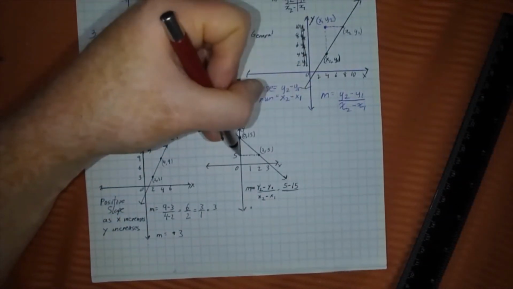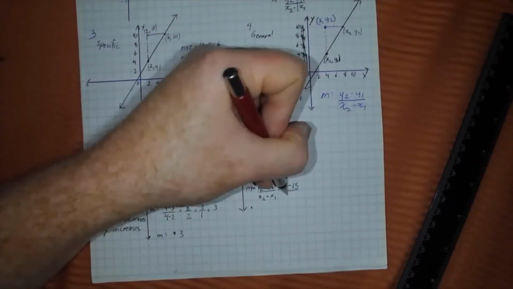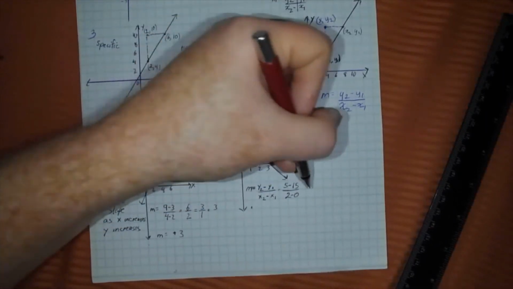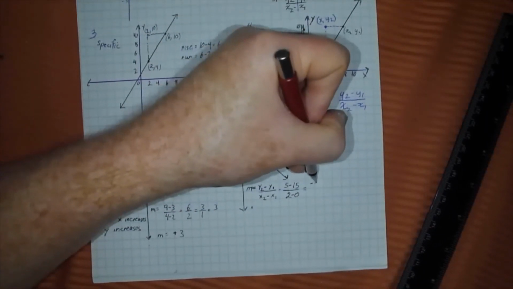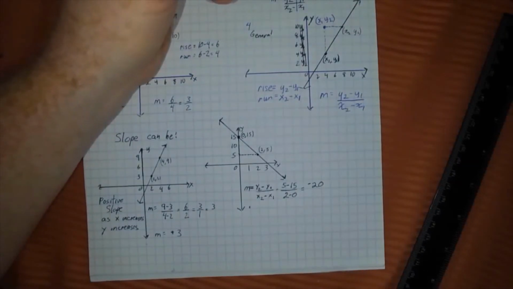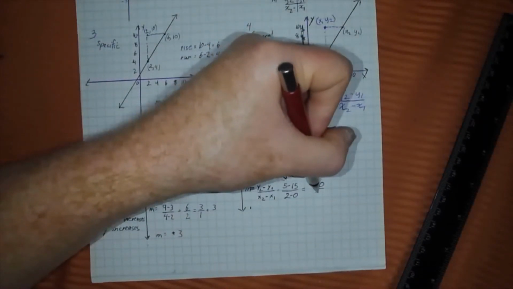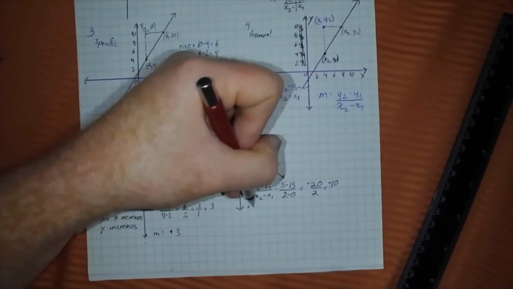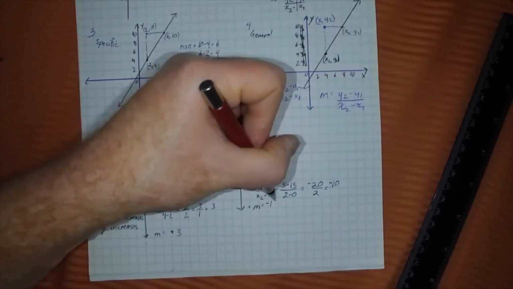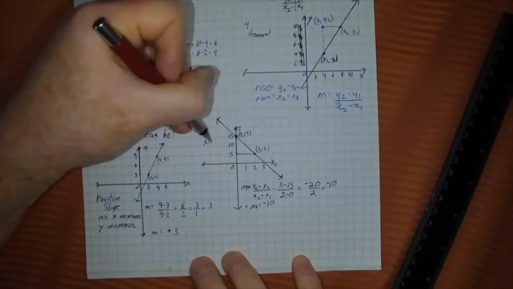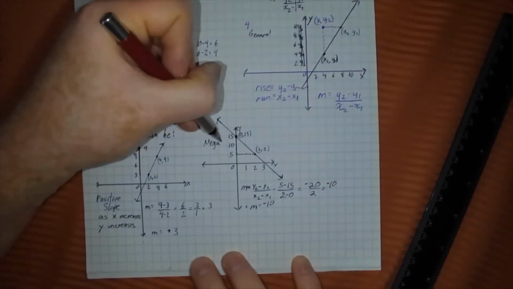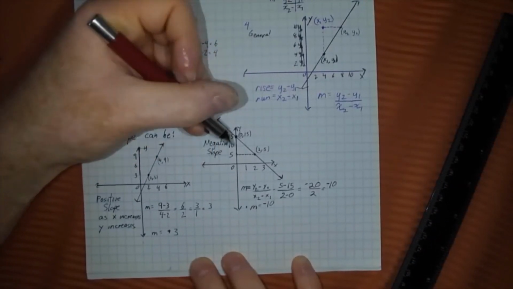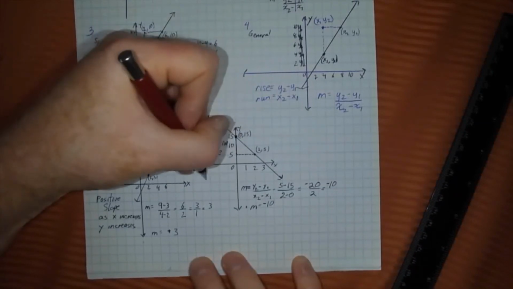And I have an x of 0 to 2, so 2 minus 0. 5 minus 15 is negative 20 over positive 2, so I get negative 10. m equals negative 10. This is a negative slope. As x increases, y decreases.